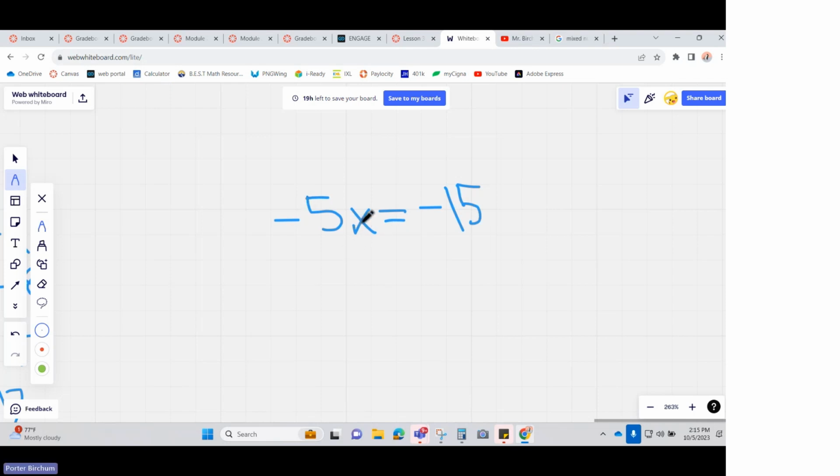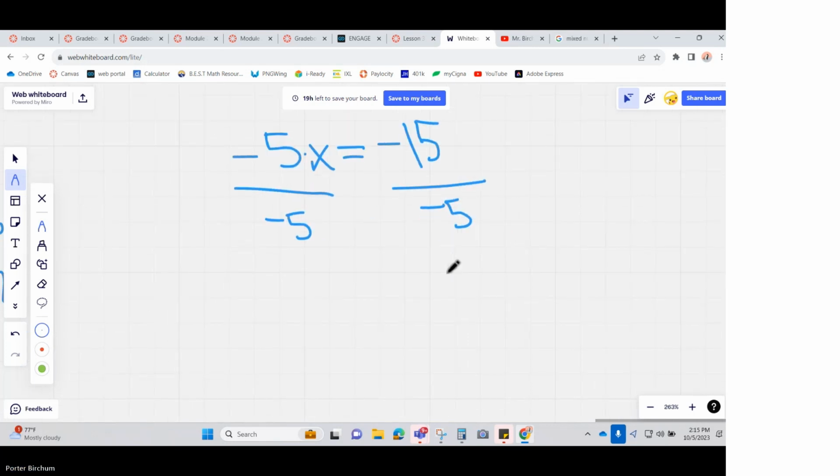Okay, when I have a letter right next to a number in math, what does it mean? It means times. Negative 5 times mystery number equals negative 15. Let's use some inverse operations. Maybe you can just think the correct answer. I can't. I got to use inverse operations. I'm looking at a times negative 5, so I got to divide by negative 5 on both sides.